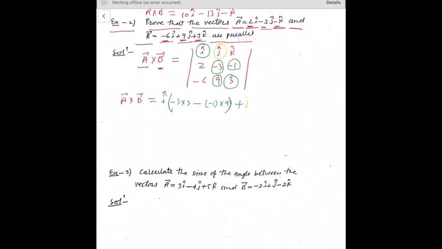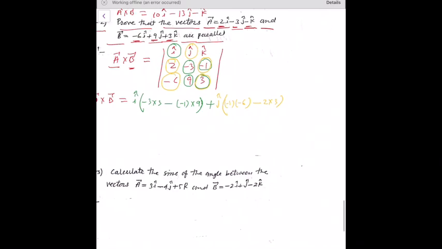Plus j cap: minus 1 into minus 6, minus 2 into 3.